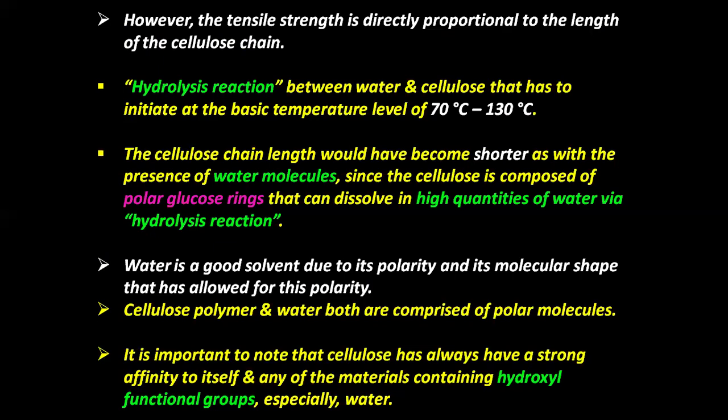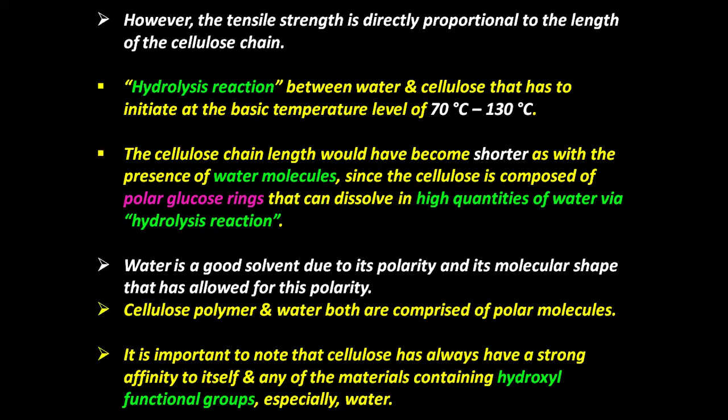Since the cellulose is composed of polar glucose rings, it can dissolve in high quantities of water via hydrolysis reaction. Water is a good solvent due to its polarity and its molecular shape that allows for this polarity.